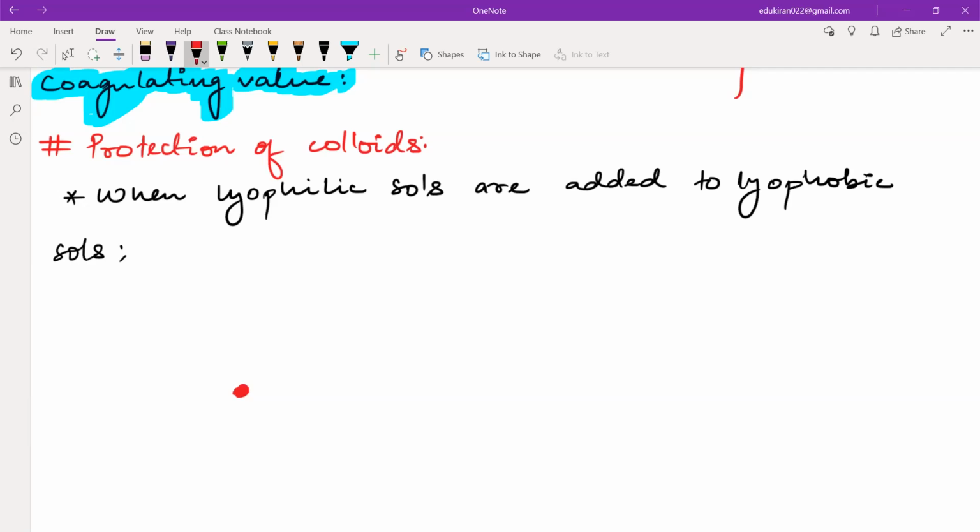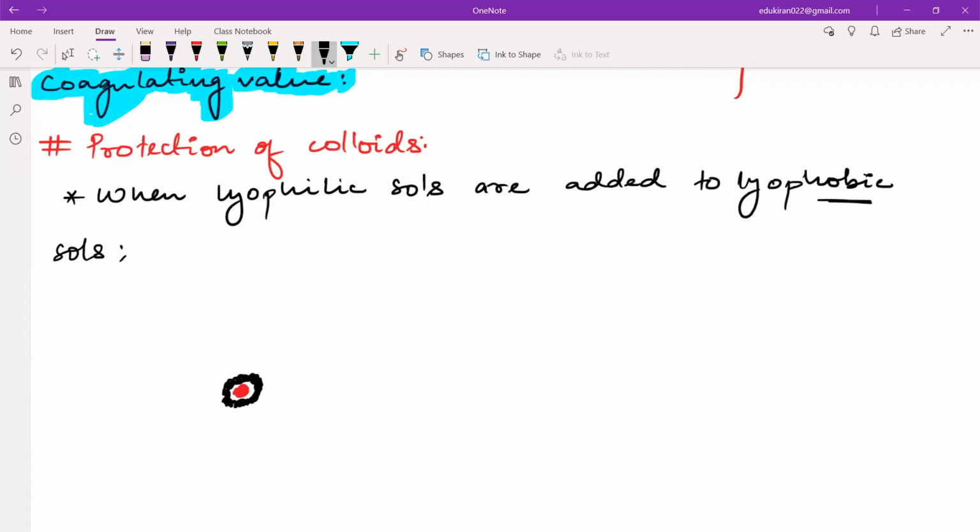But to our lyophobic one, we have now added lyophilic. So what happens? This lyophilic salt forms a layer around these lyophobic ones. Why? Because it wants to decrease the interaction the lyophobic one is having with the dispersion medium, because lyophobic and dispersion medium don't have any affinity.